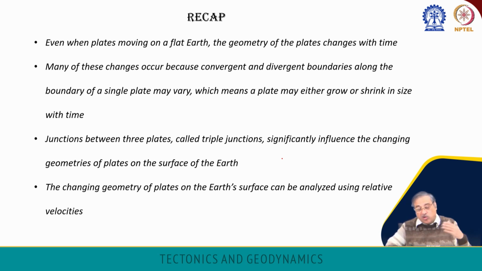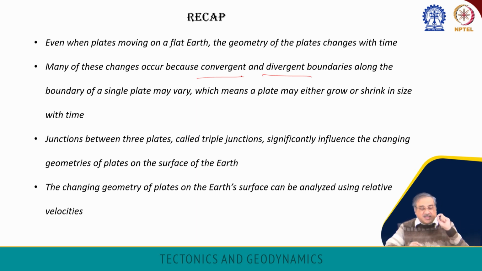Normally, a single plate is not going to be in contact with one single plate. It will be in contact with a number of different plates. And if this happens, what this means is that the velocities would vary, the rate at which a boundary is created along a divergent boundary and the rate at which it is consumed along a convergent boundary. These will differ, and automatically a plate would either grow in size or shrink in size with time.